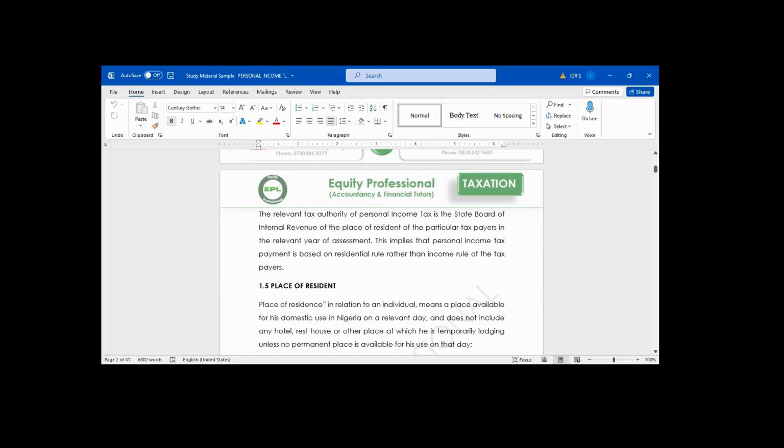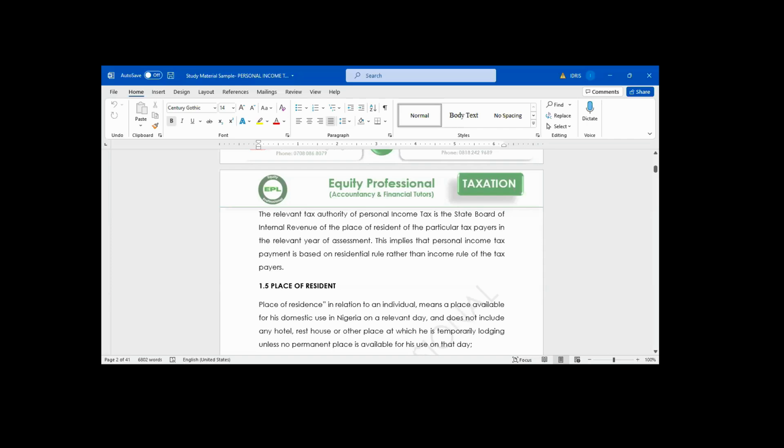The personal income tax, as we all know, is collected by the State Board of Internal Revenue Service. It's collected by who? The State Board of Internal Revenue Service.